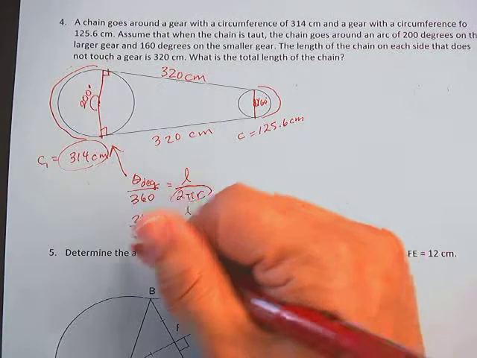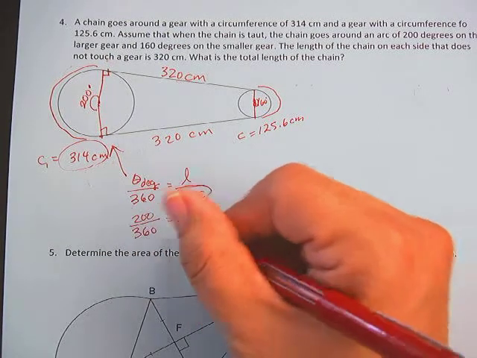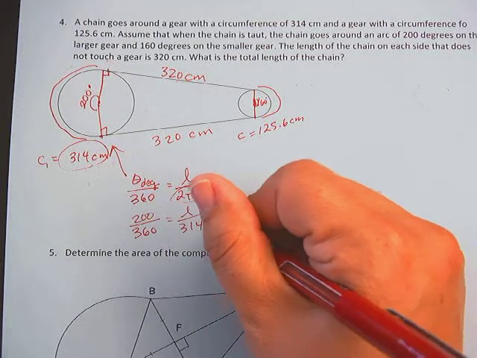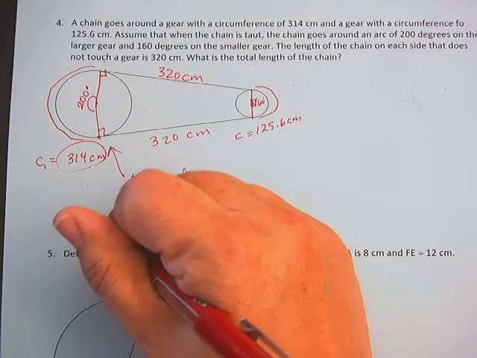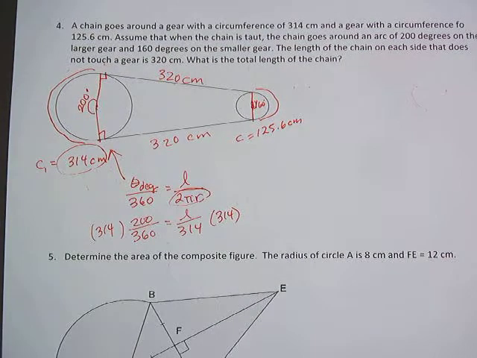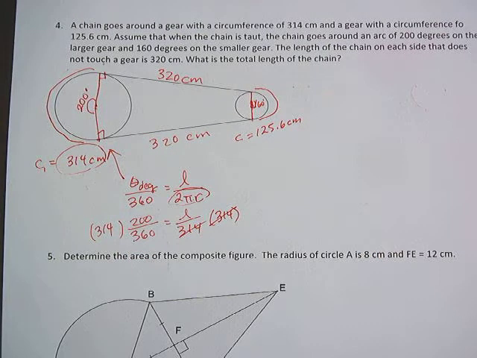Now, you can go ahead and multiply both sides by 314, and this will simplify. So it's just 314 times 200 divided by 360.